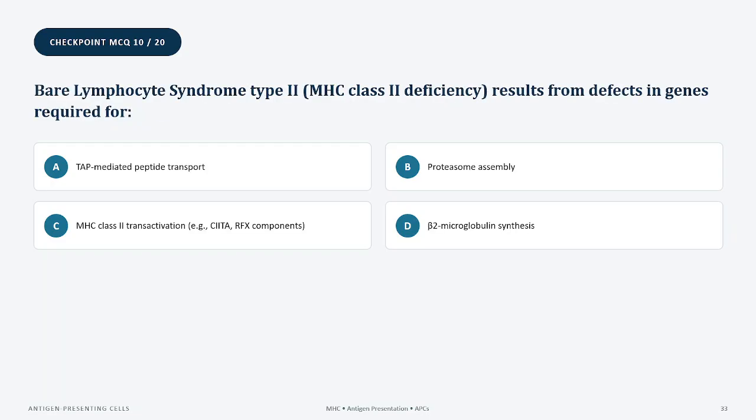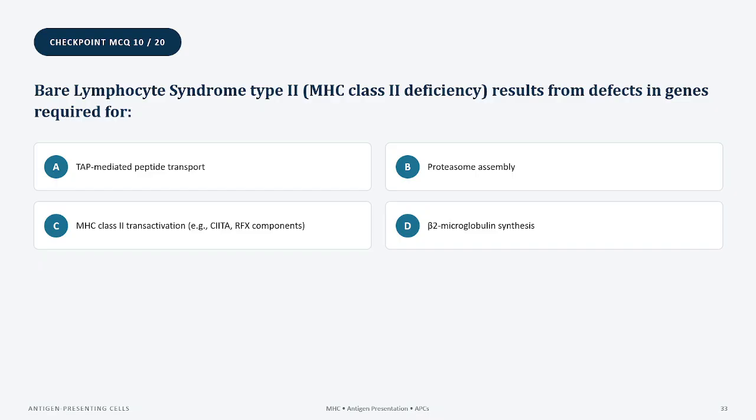The bare lymphocyte syndrome type 2 or the MHC class 2 deficiency results from defects in genes that are required for... So the bare lymphocyte syndrome type 2 is a rare autosomal recessive primary immunodeficiency, characterized by a severe absence of MHC class 2 molecule expression on the cells, and this genetic defect does not reside in the MHC class 2 genes themselves.